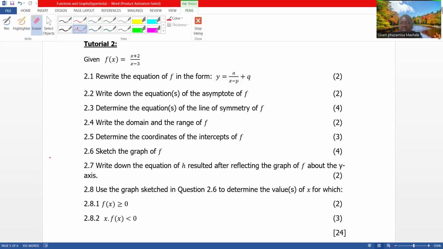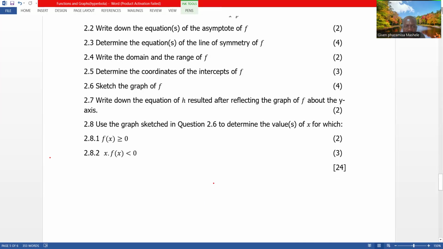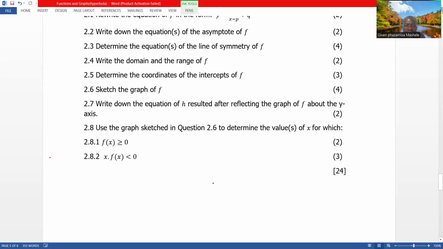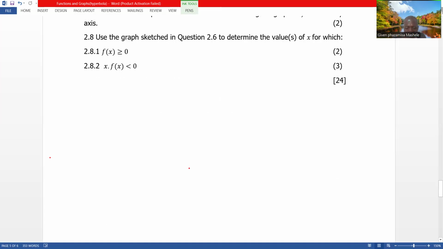Right, to rewrite this, we have, let me just write it here. This is 2.1. It's x plus 2 over x minus 3.